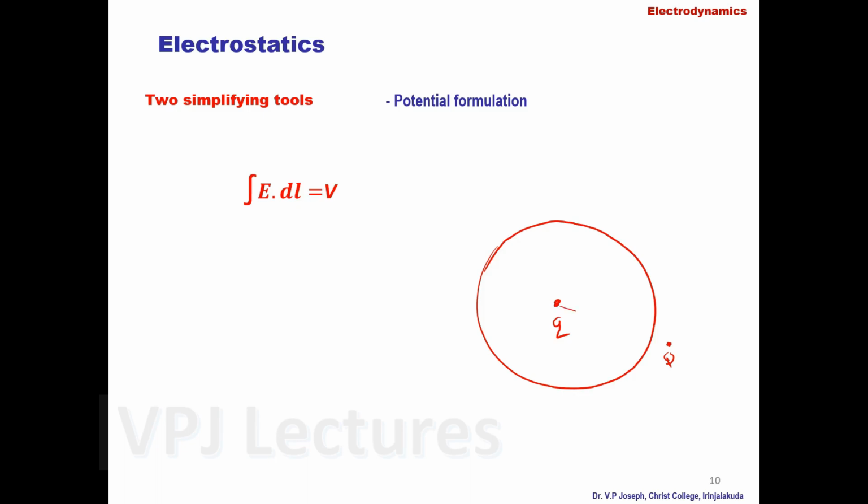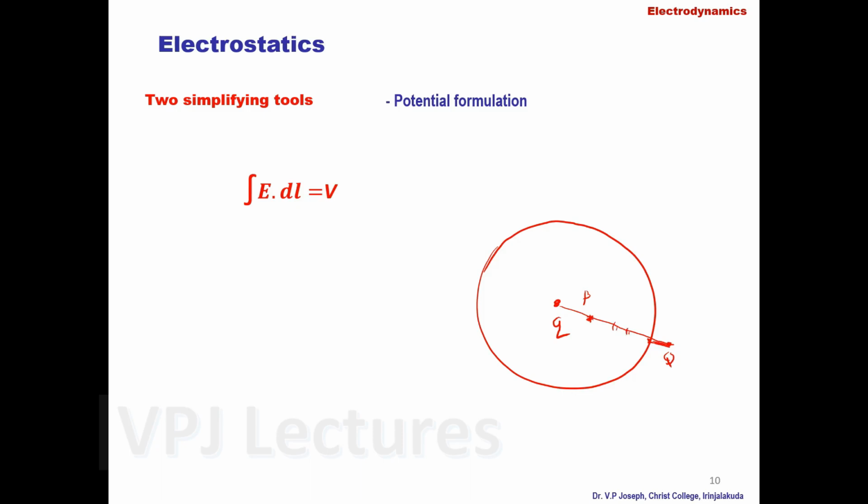Now let us take this test charge to any point here, P. So we divide this into small regions and move it; from this point to this point there is no work done. As we take this from this point to this point, we have to do some work.